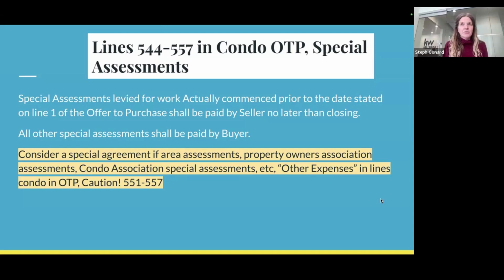So where we're going with this, it's again another thing that I wish were black and white. I helped an agent a couple weeks ago where it appeared as if an assessment was levied prior to when they wrote the offer. I think it was to the tune of 15K.